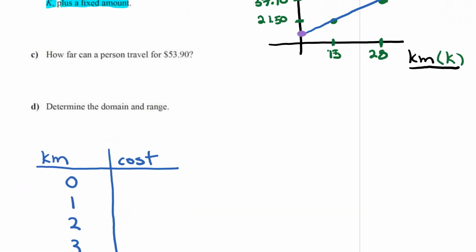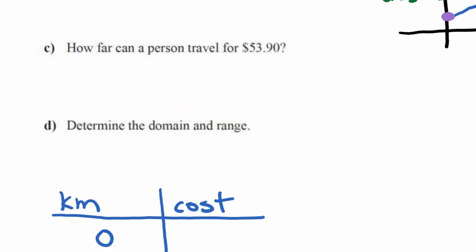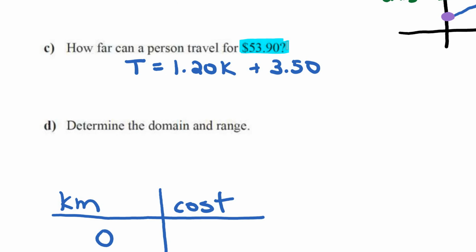Let's go to part C. How far can a person travel for $53.90? I know my total cost equation, which we just figured out in part B, is T equals $1.20K plus 3.50. Now we want to find out how far we can travel if our total cost is $53.90.